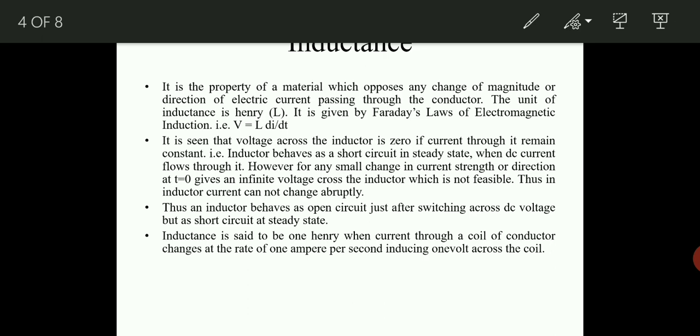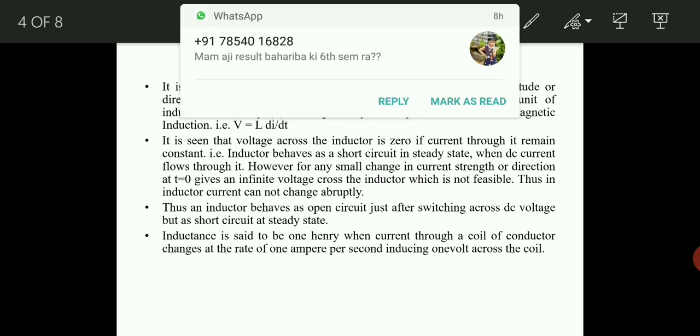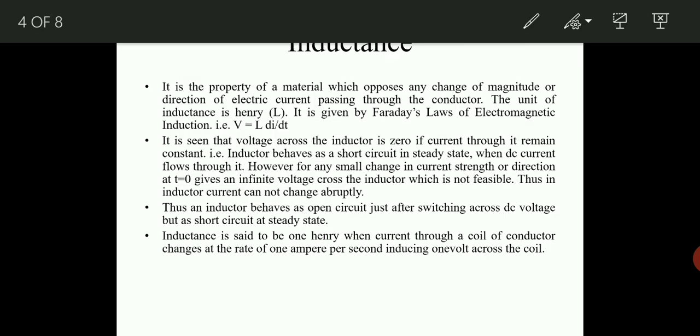It is seen that voltage across the inductor is 0 if current through it remains constant. That is, inductor behaves as a short circuit in steady state when DC current flows through it.